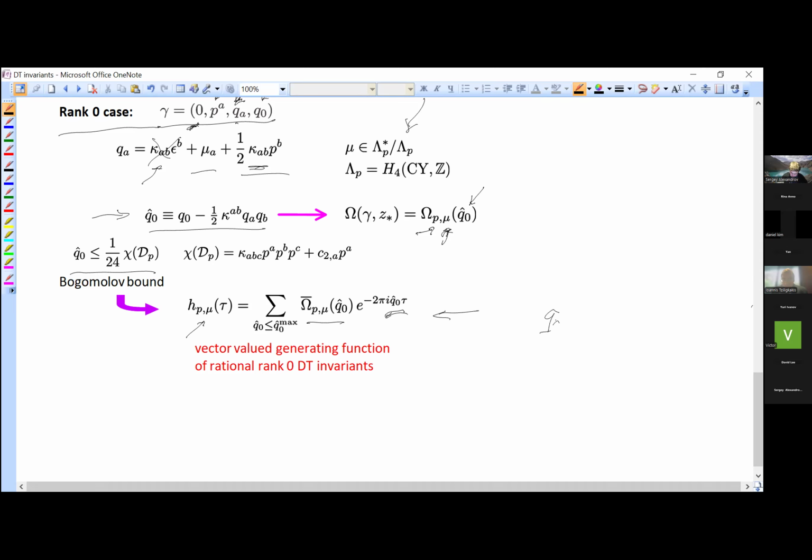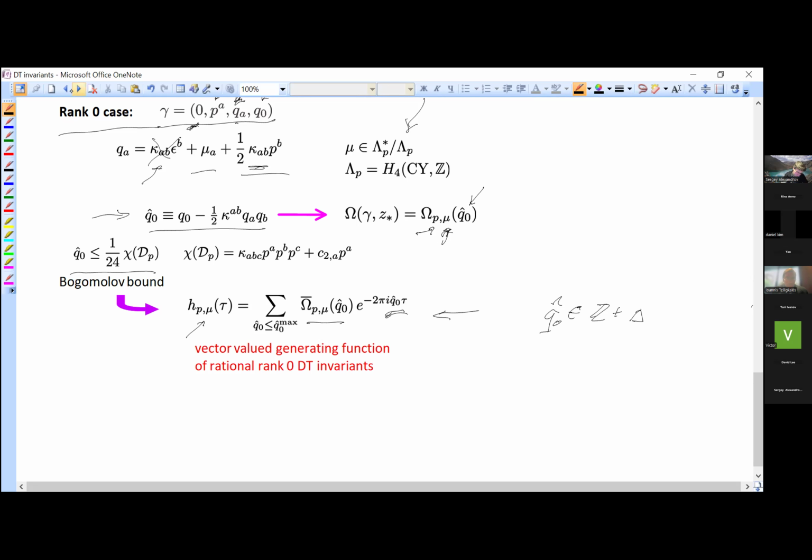Well, Q0 hat is just integers plus a certain shift, call it delta, some rational number. It's a number. Yeah. Okay. Good. And next I was supposed to explain to you the origin of these modular properties and explain what they look like. So can I explain at least where they come from?